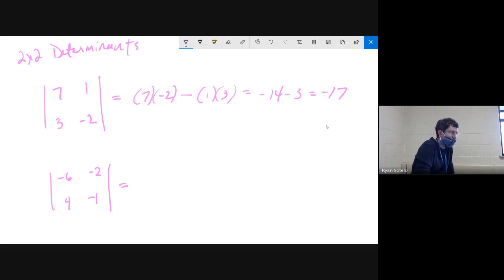Is that okay? How about this next one? 6 minus -8. Yeah, that's good. And 2 negatives make a positive, so it's 6 plus 8, which is 14. Easy?